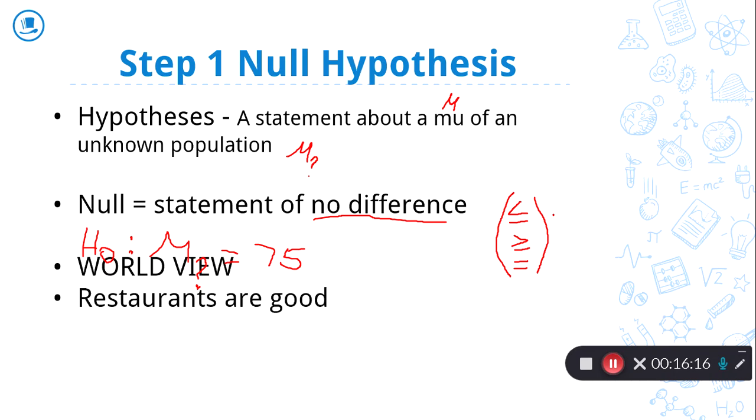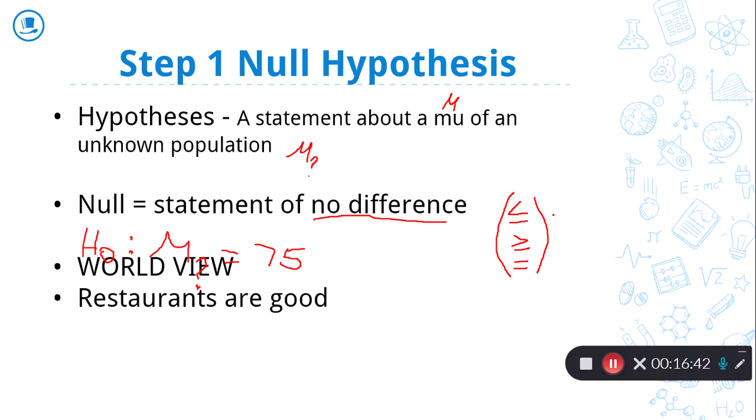Let's go back to the worldview memory example, right? Restaurants are good. This is your worldview. This is your assumption. This is what you know about the world. When you go to a new restaurant, right? It's an unknown restaurant. You start with the assumption that your experience there is going to be good. That your experience at the new restaurant is not going to be different than your experience at other restaurants.